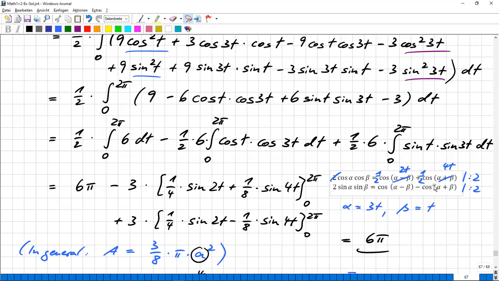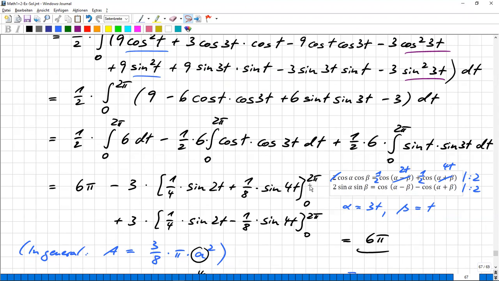It's just a little more in detail, okay? So really, this is the primitive function of this one after using this transformation, and then evaluate it between 0 and 2 pi. And this is the latest moment where you recognize that, of course, these modified sine functions also have a periodicity of a certain whole fraction of 2 pi.